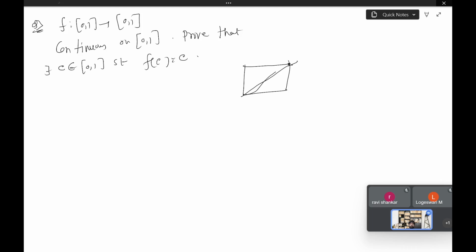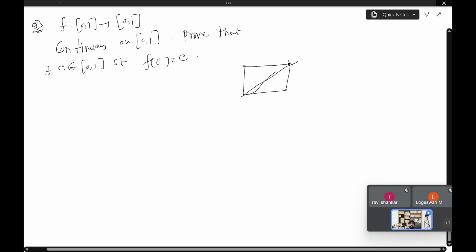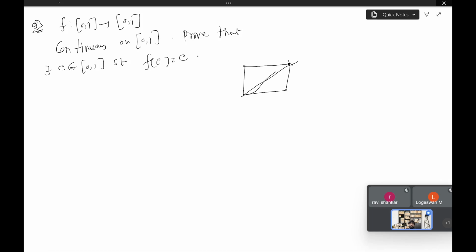If you try to draw a continuous graph, obviously it will cut, because if f(0) is greater than 0, the graph will look like this, and then f(1) is 1, okay, and if f(1) is not 1, then it will cut at this point, right? So at any cost, f(c) has to be equal to c. Intuitively, it is clear, but how to prove it?